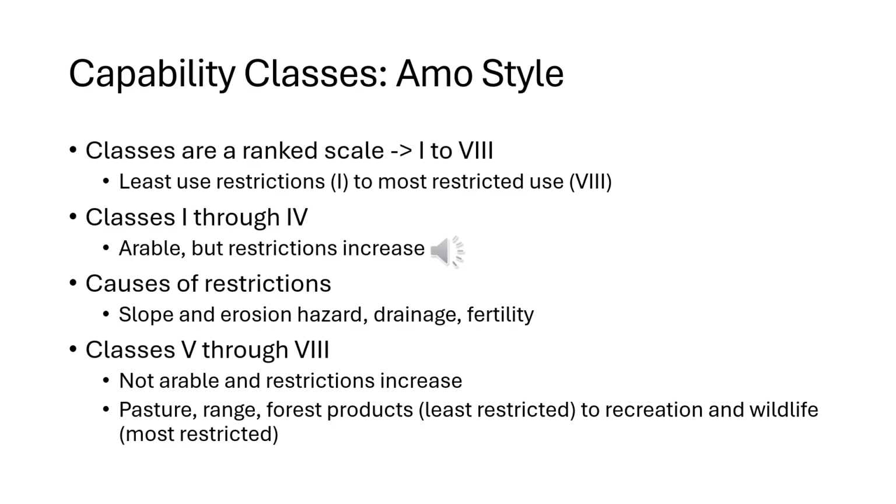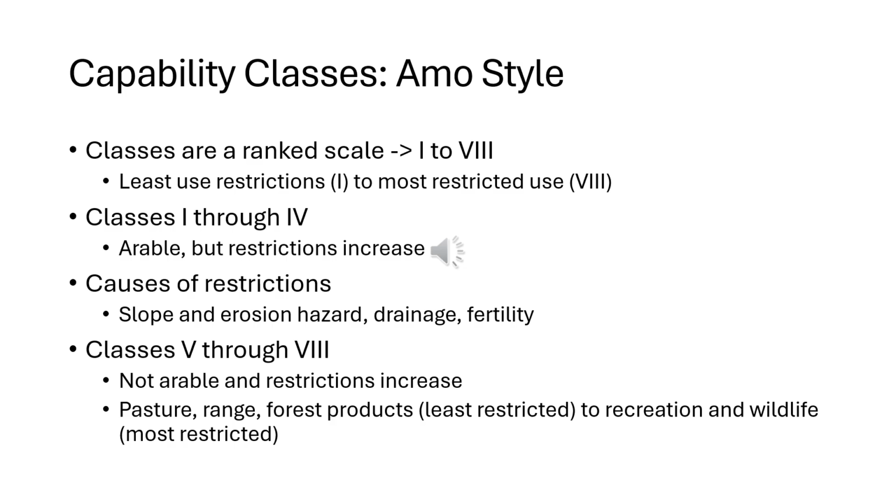Moving to 8, which is the most restricted. Now, I like to divide these in half. Classes 1 through 4, this is classified as arable land, but as you move from class 1 to class 4, you have increasing restrictions.